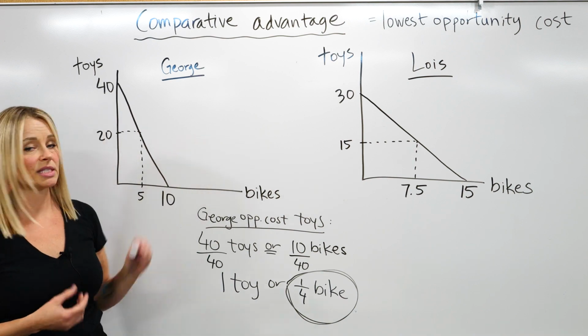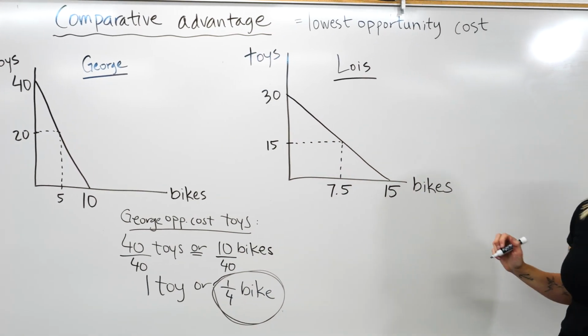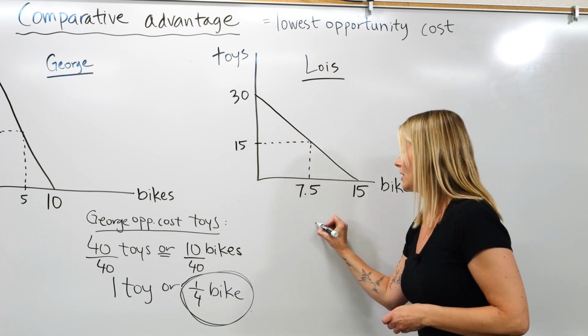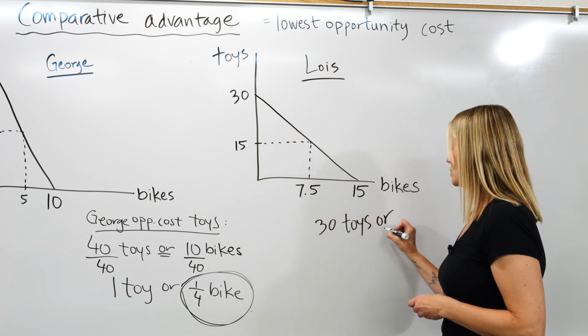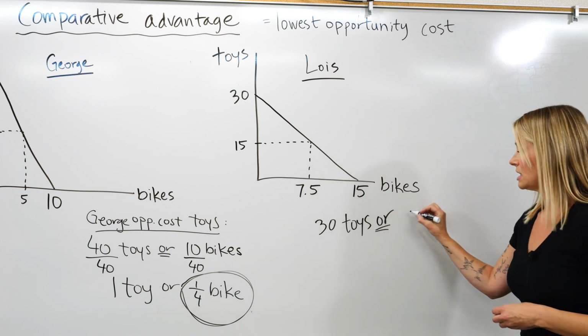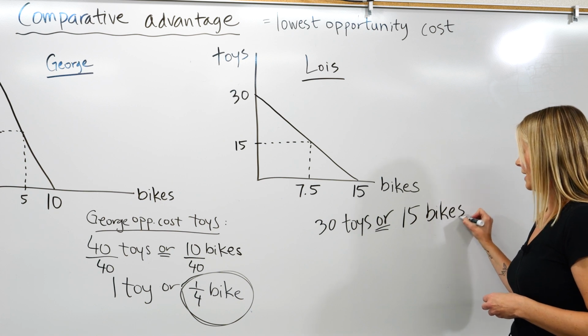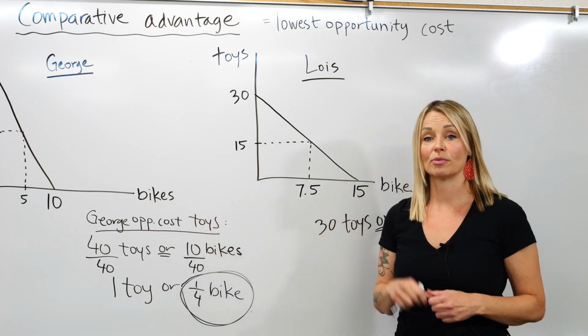Whew! Let's do the same for Lois. Same process. So now we've got her opportunity cost for toys. She could make either her 30 toys, or if she so chooses to put all her energy into bikes, she could make 15 bikes. And again, we're looking for the opportunity cost for the toys. So what does it cost her to make one toy?